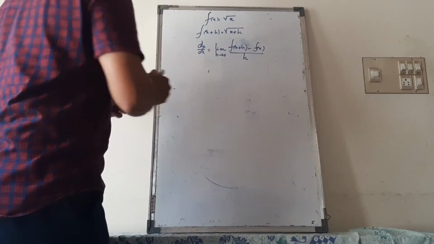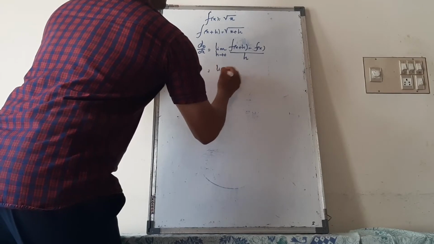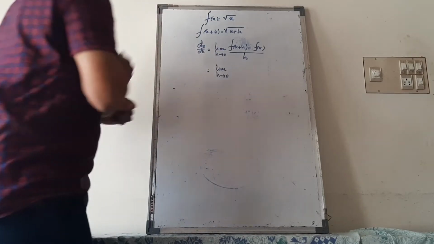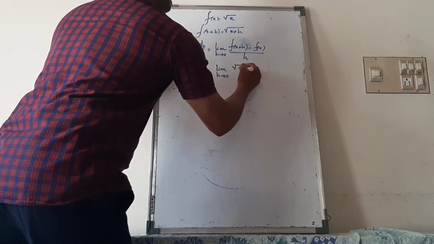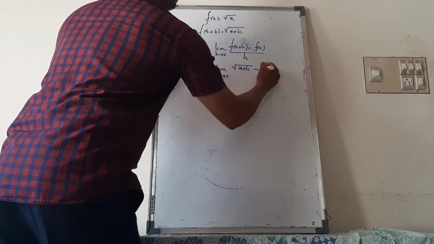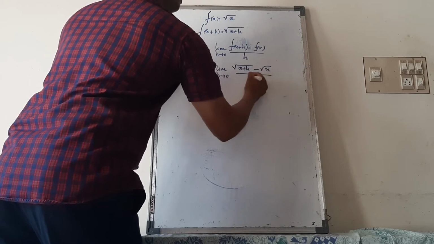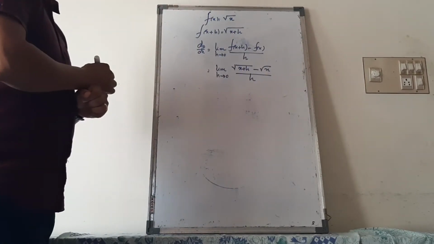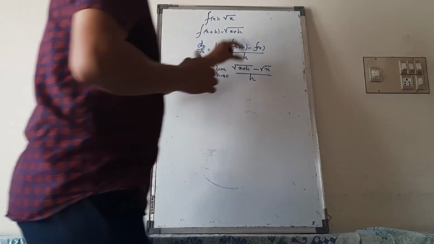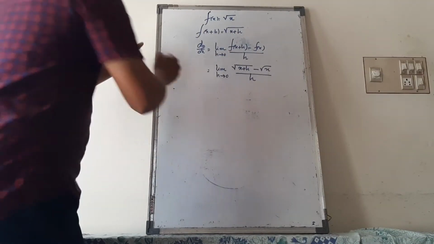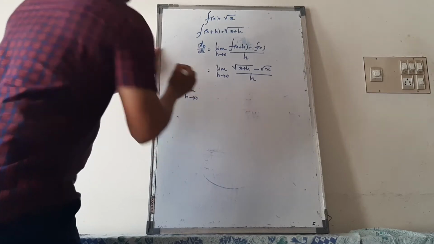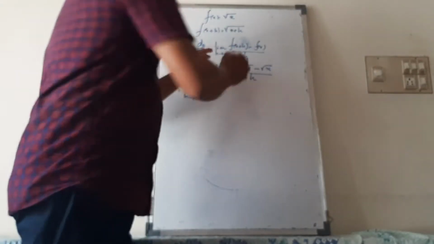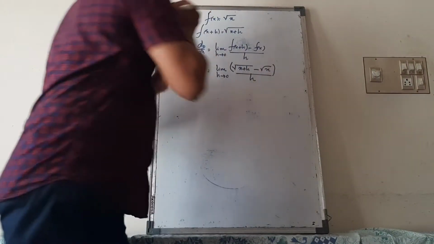That is equal to limit h tends to 0. Here what is f of x plus h? Root of x plus h minus root x the whole divided by h. Suppose you apply limit, we get an indeterminate form. So, for finding a definite value, here we multiply the numerator and denominator by the conjugate of this term.